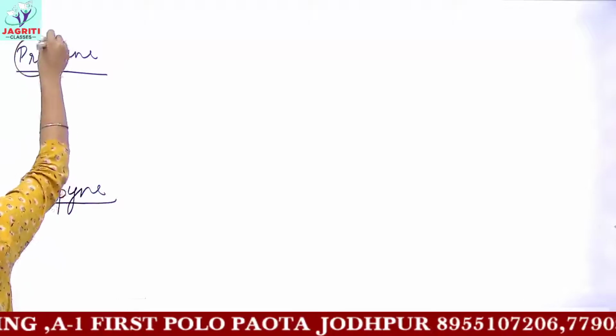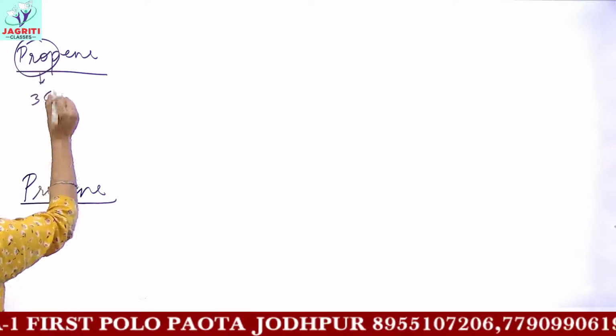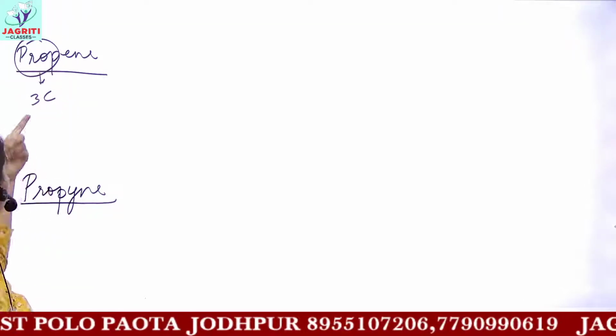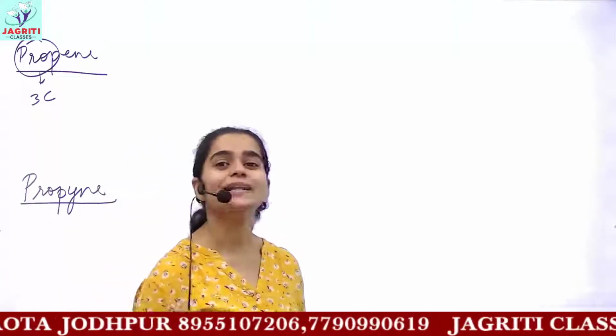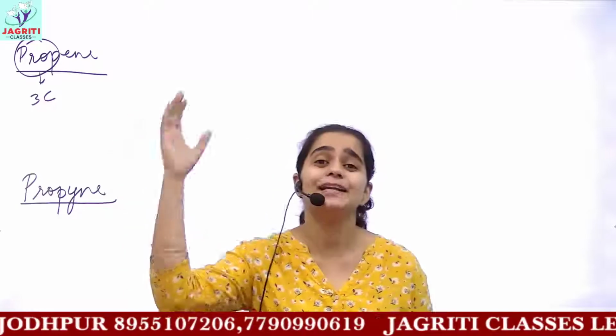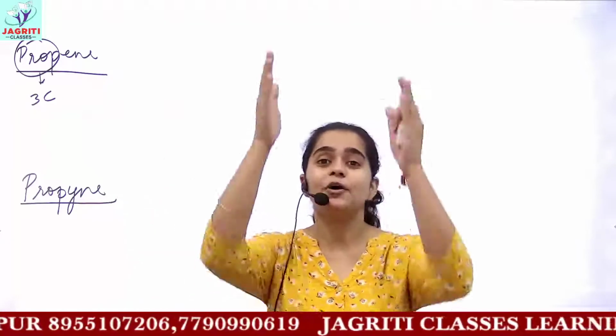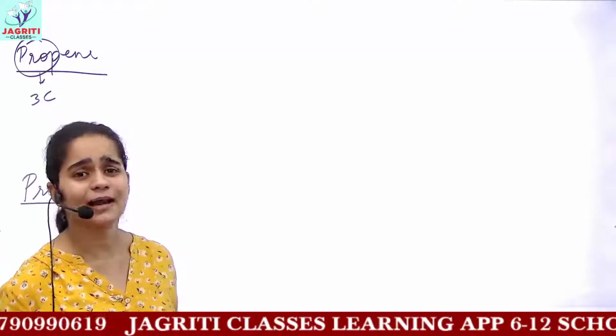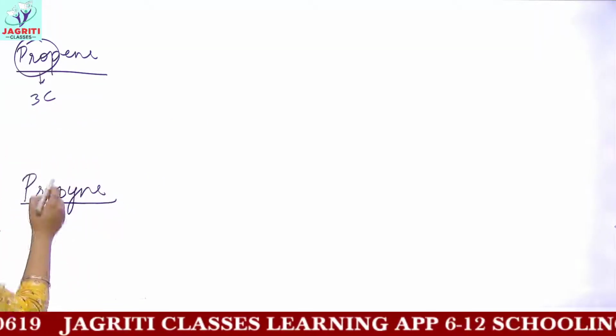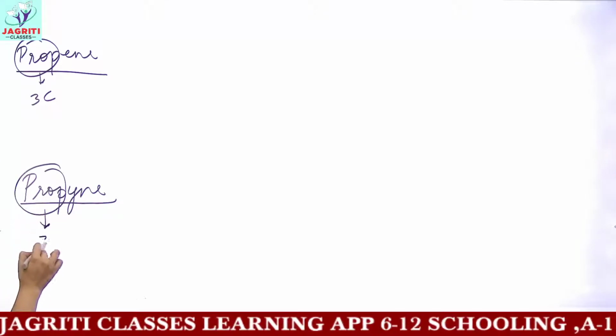The word prop means it has 3 carbons. How am I recognizing that prop means 3 carbons? It is very simple. You all can also do it. I have already given you a table in the previous class about the prefix and the suffix which are used. So do learn it, and then you will be able to identify easily. Here also the word prop means 3 carbons.